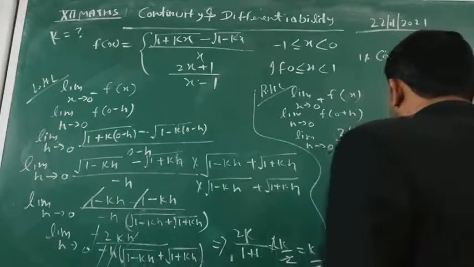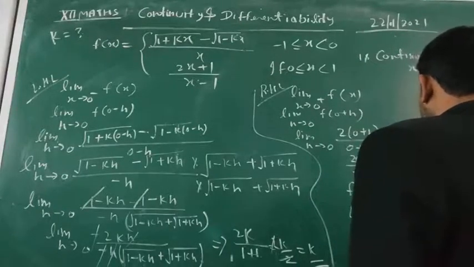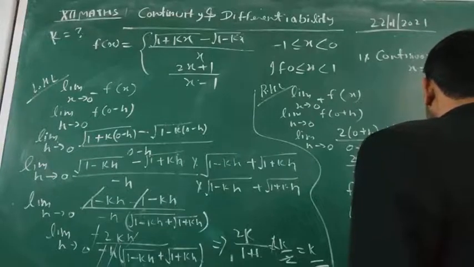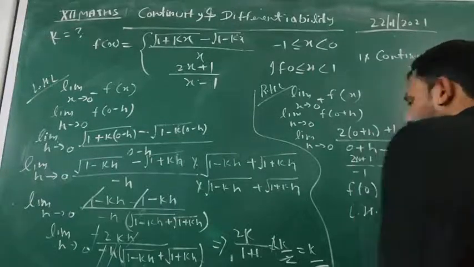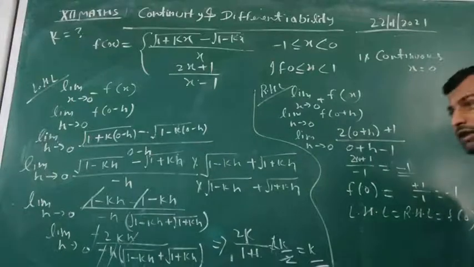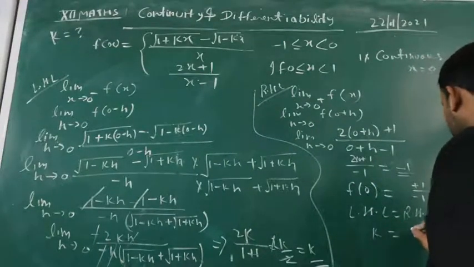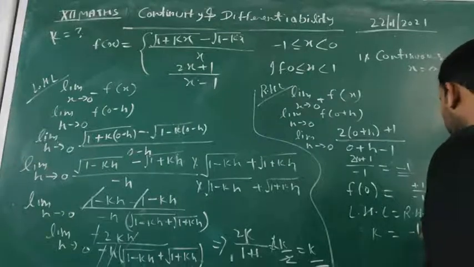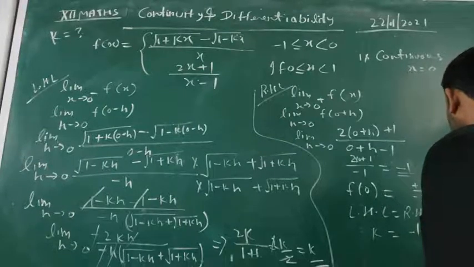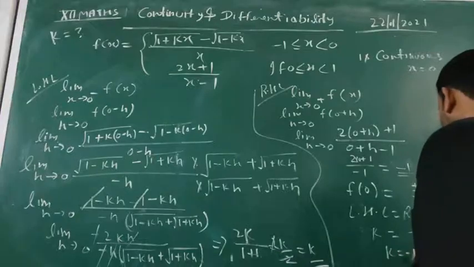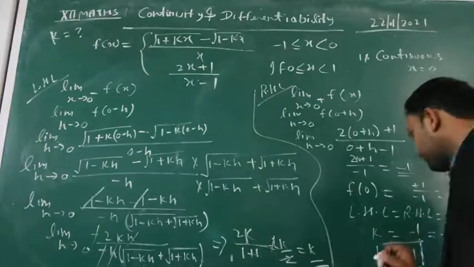So left hand limit is equal to right hand limit is equal to value of the function, because our function is continuous. So we can write this is k, right hand limit is minus 1 and value of the function is minus 1. So the value of k is equal to minus 1.